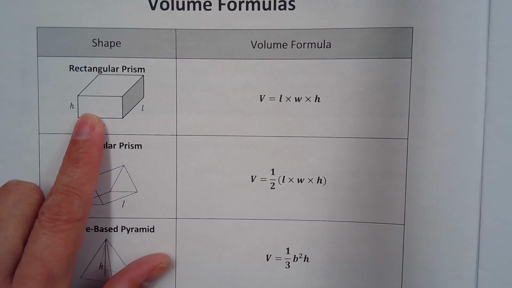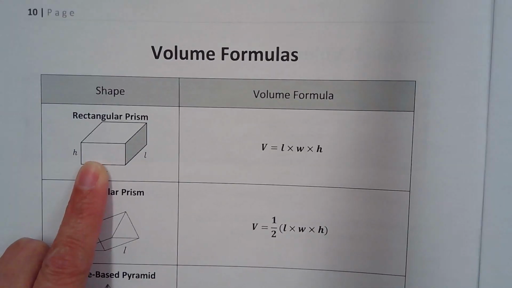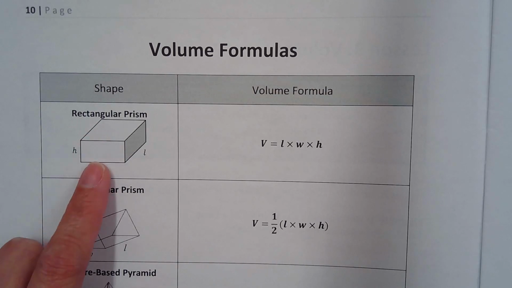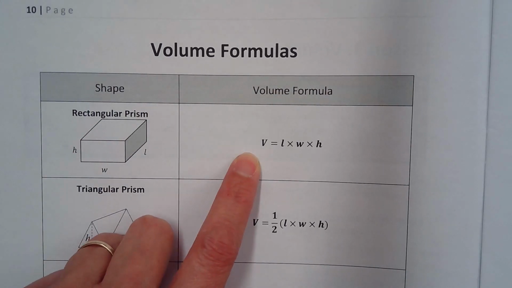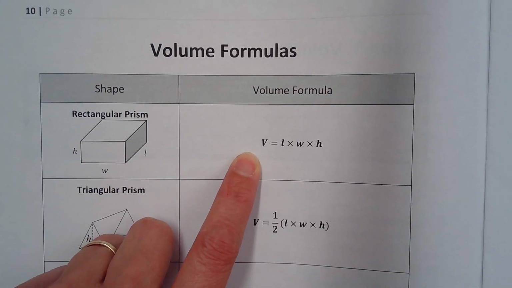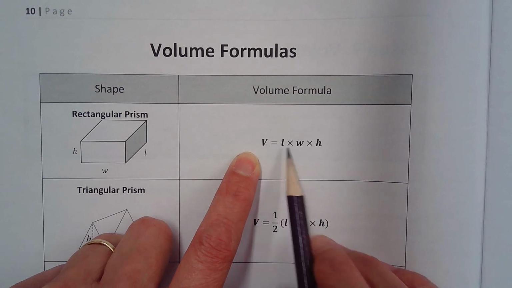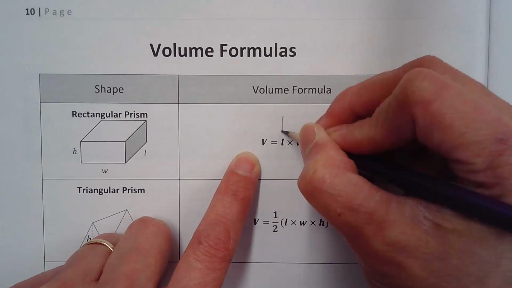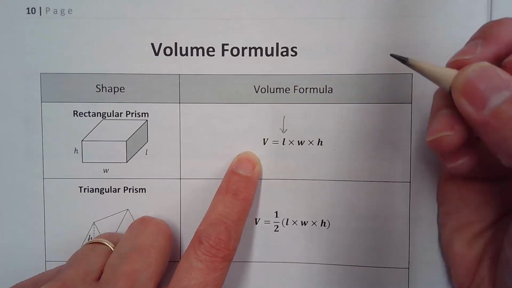So the very first one on page 10, this one here is a rectangular prism. So the volume is the amount of space inside where it can hold stuff. It is based on these three things. It's based on the length.